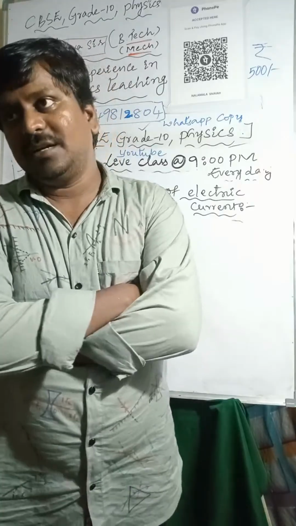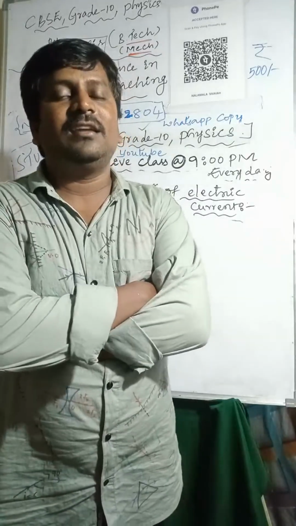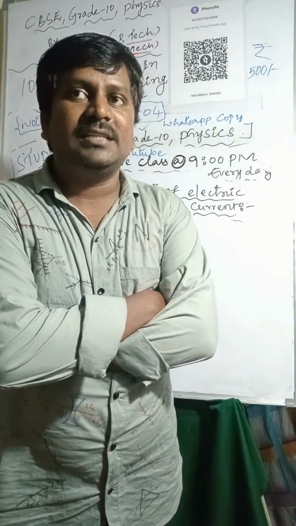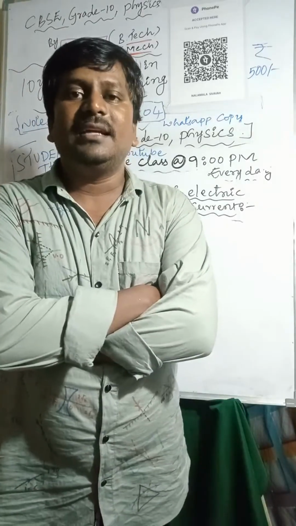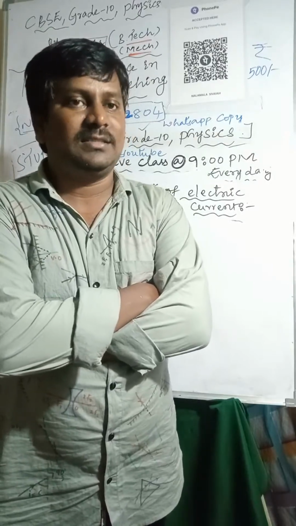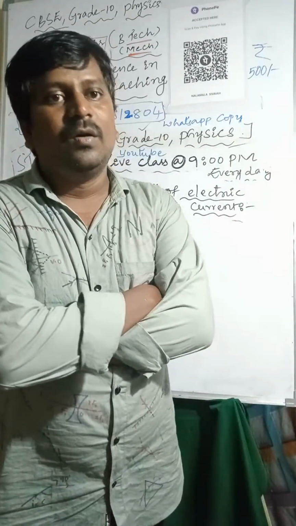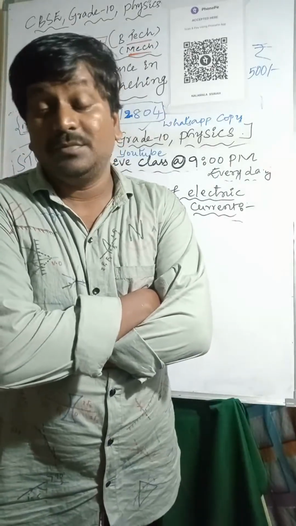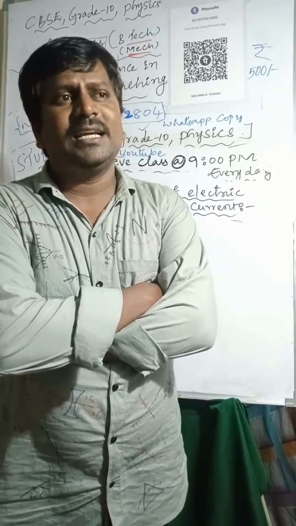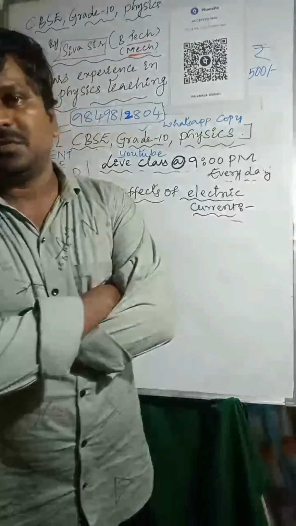So he observed that, and the conclusion is that there is a relation between magnetism and electricity. That is the observation they will ask for 2 marks. And what is the SI unit of magnetic field, this type of questions they will ask.